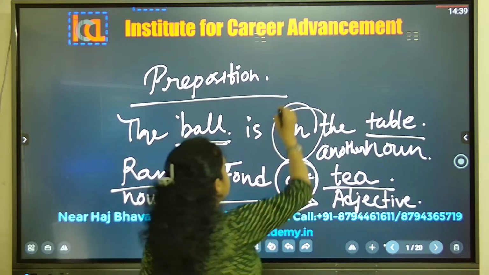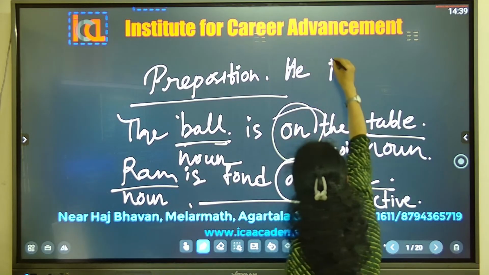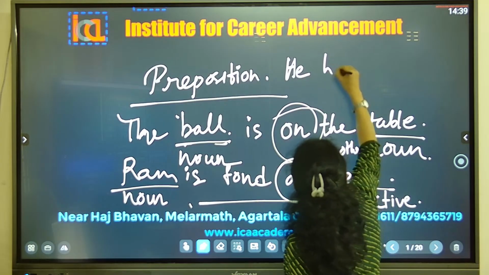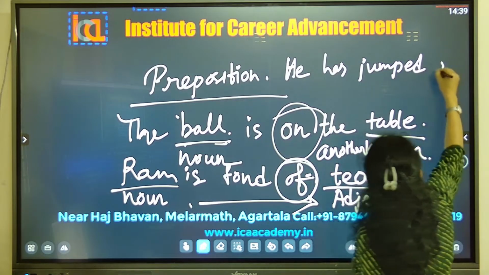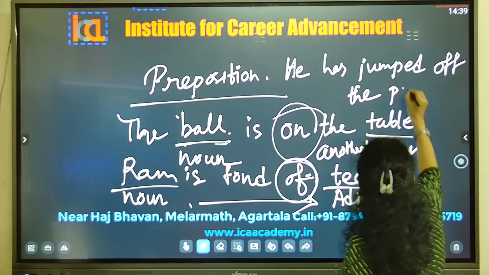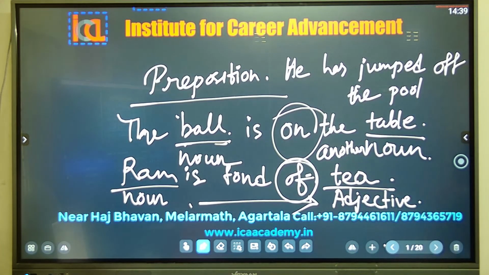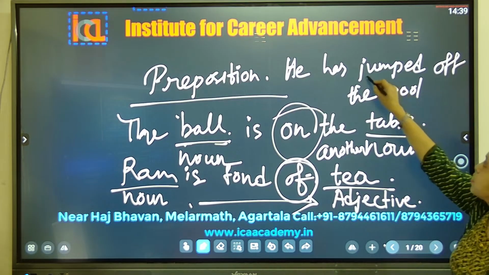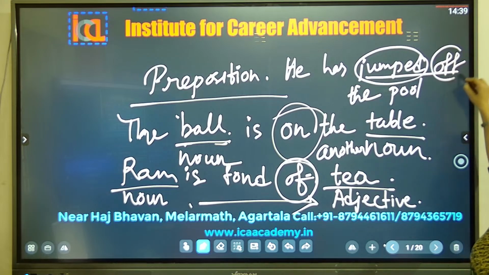And in the third example, suppose I write, he has jumped off the pool. Jumped is a verb, and the preposition is off.